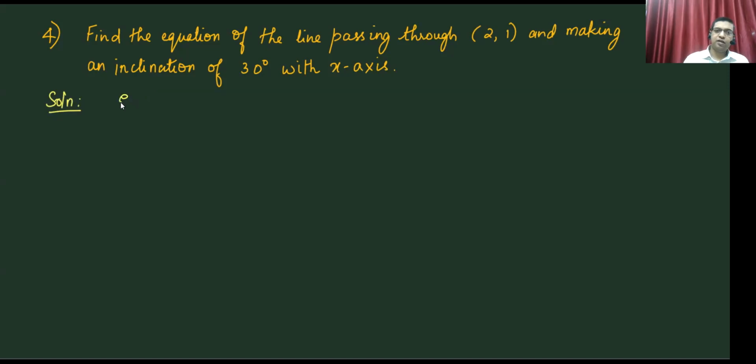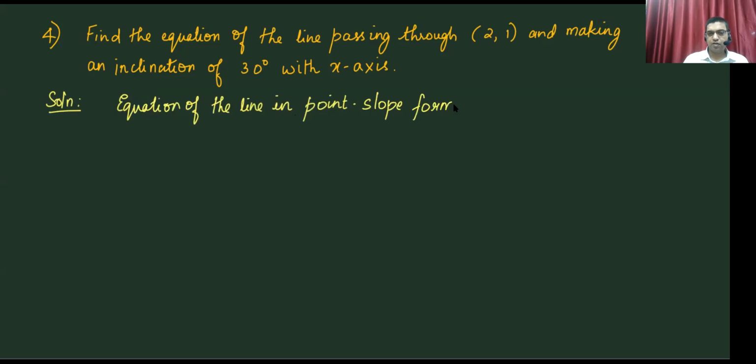Okay. The equation of the line in point slope form is y minus y1 is equal to m into x minus x1.